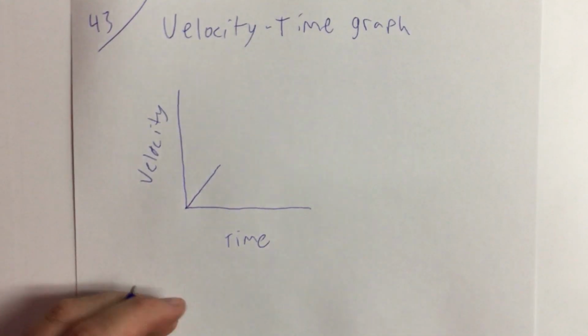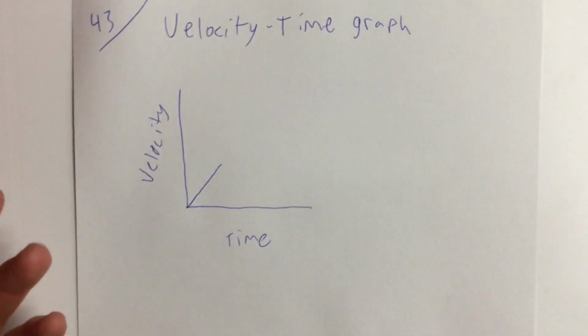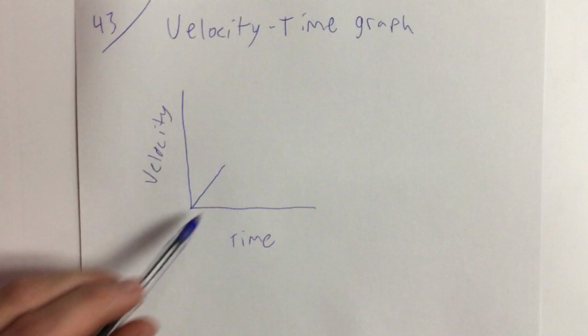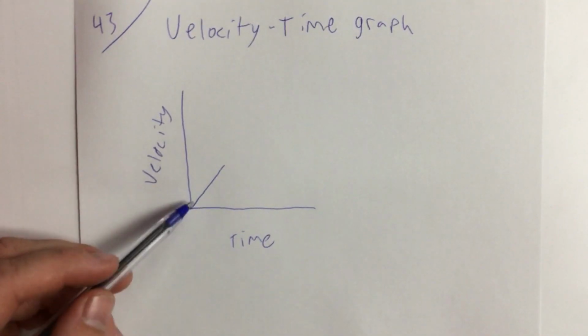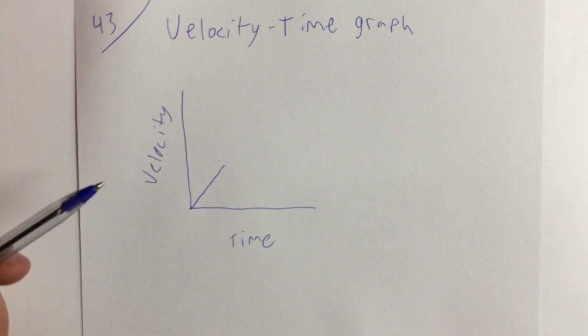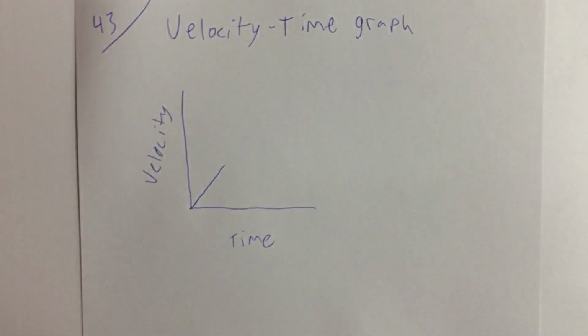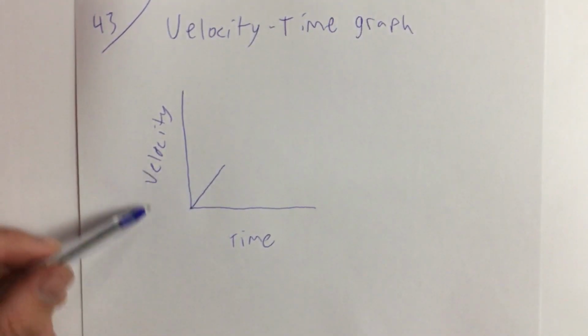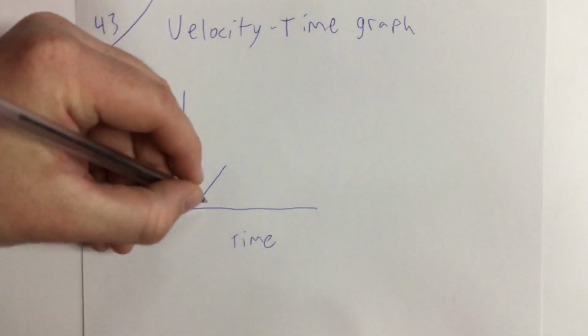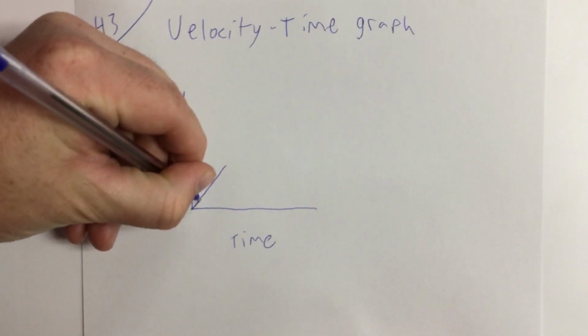All right, so right here, what do you think we have? Like, we see that the line's going straight up, kind of constant, it's not curved or anything. So this is someone who's getting more velocity over time. So what does that sound like? At any point, if you want to try and guess, just pause the video and try to think. But if his velocity is going up, he's getting faster. So this line is not just movement like it was on our distance time graph.